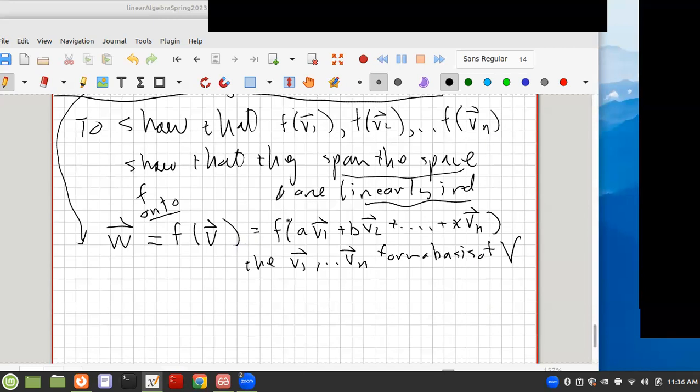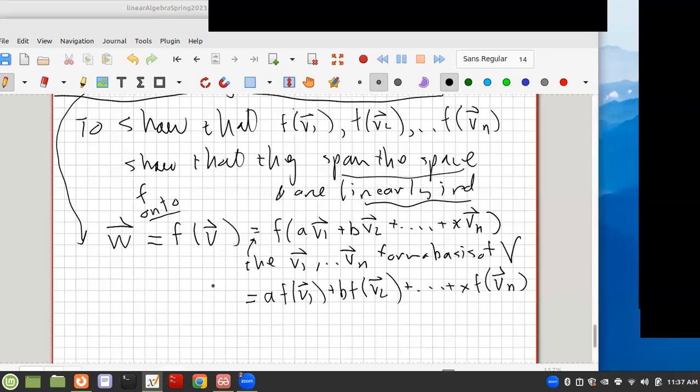Okay, so I can go from here to here because F is onto, and I can go from here to here because the V's form a basis of V. Now I can use the fact that F is linear to write this as A F of V1 plus B F of V2 plus up to X F of Vn.